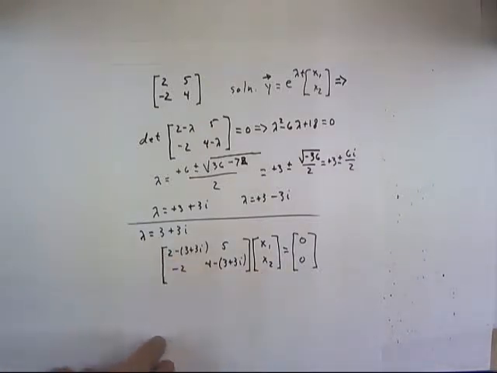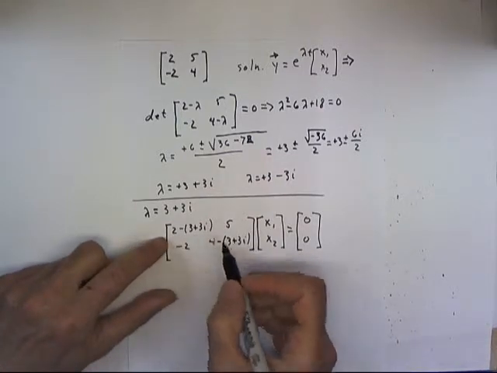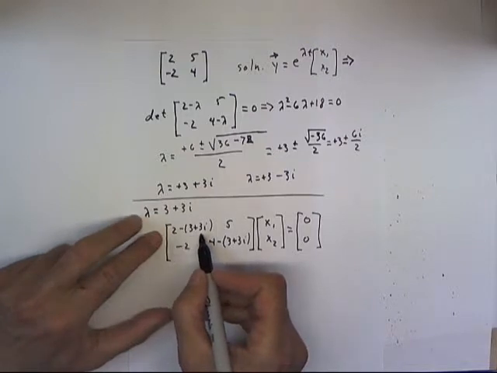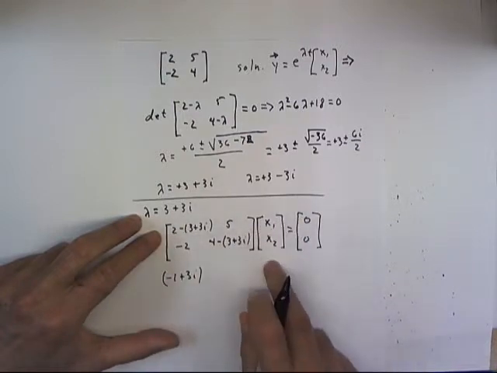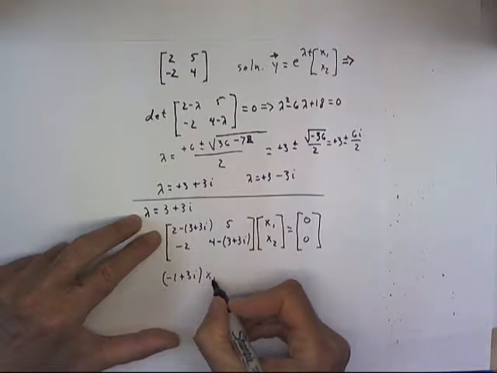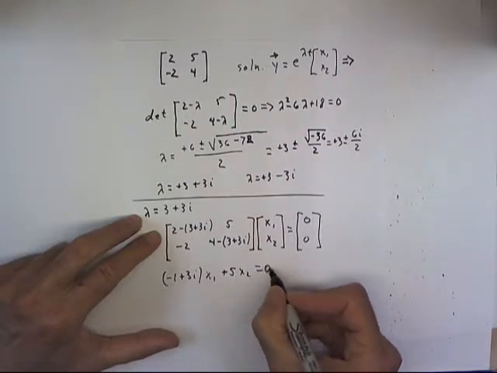I'm not going to take the time and the space to rewrite this matrix applying the distributive law and so forth. I'll just note the 2 minus the quantity 3 plus 3i is minus 1 minus 3i. So in multiplying our first row by x1, x2, we're going to have minus 1 minus 3i times x1 plus 5x2 equals 0.